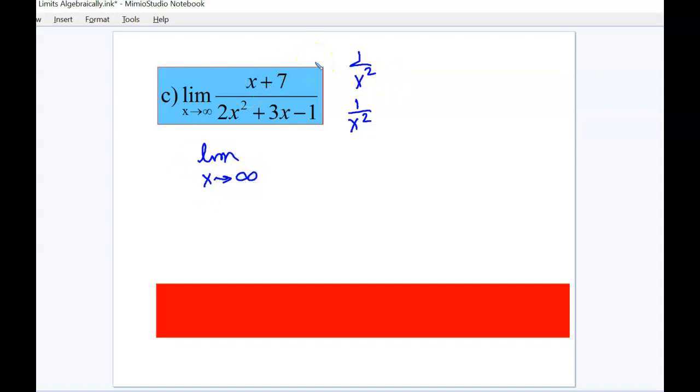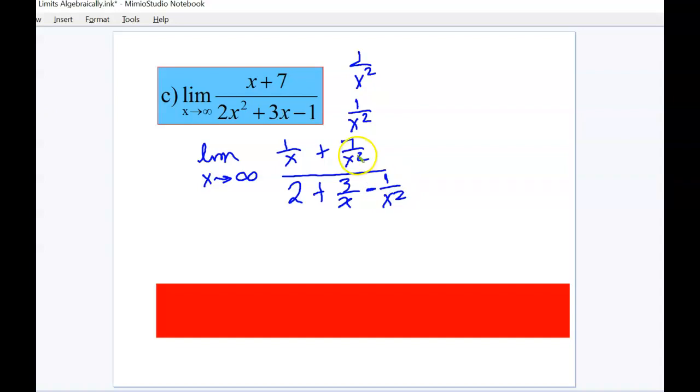Well, x times 1 over x squared is going to end up being 1 over x plus 7 times 1 over x squared is going to be 7 over x squared. 2x squared times 1 over x squared is going to be 2. 3x times 1 over x squared would be 3 over x. And minus 1 times 1 over x squared would be minus 1 over x squared.